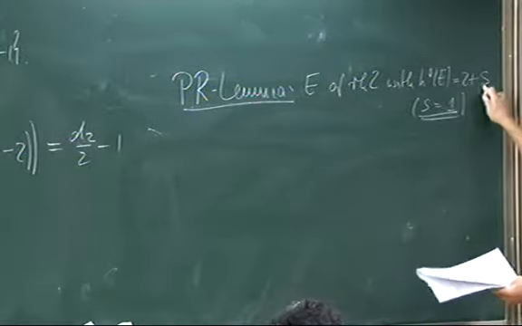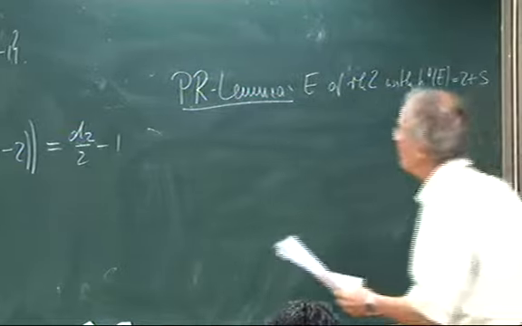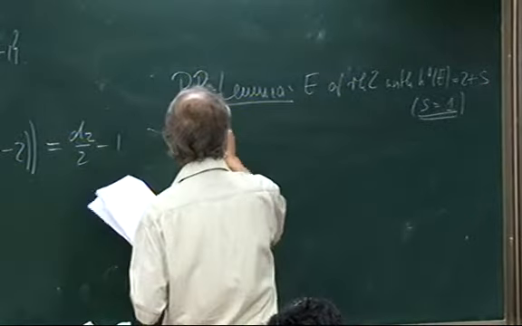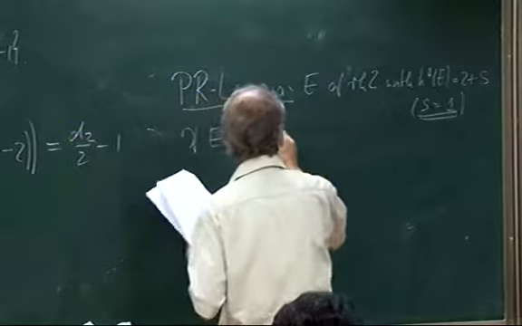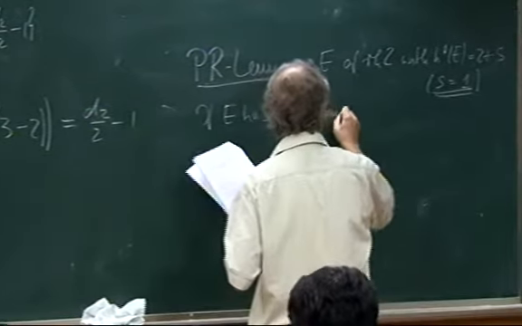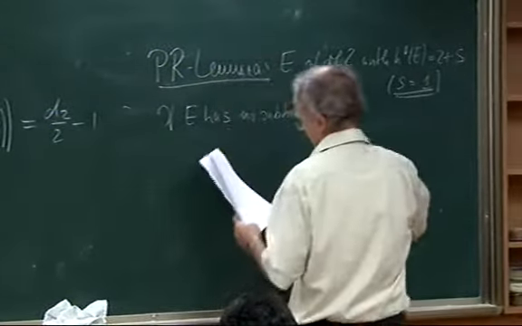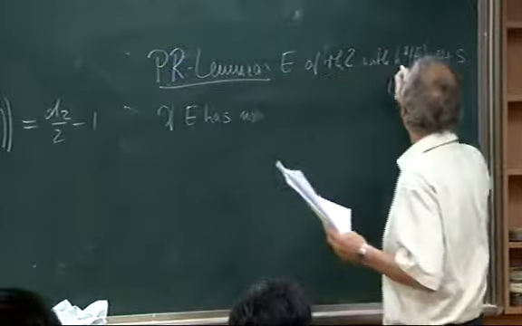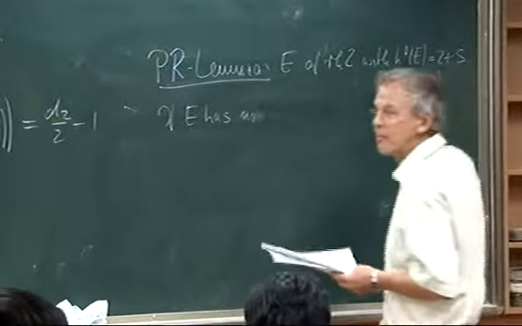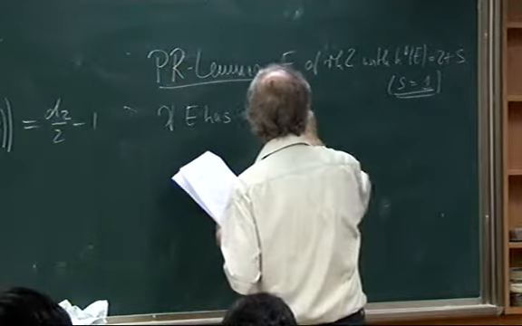Right? I just write the lemma here. If E has no line subbundle, well, a proper subbundle of a rank 2 vector bundle is a line subbundle. Okay, no line subbundle.